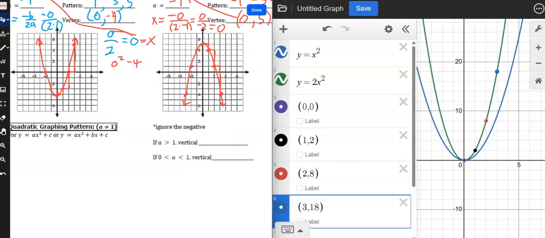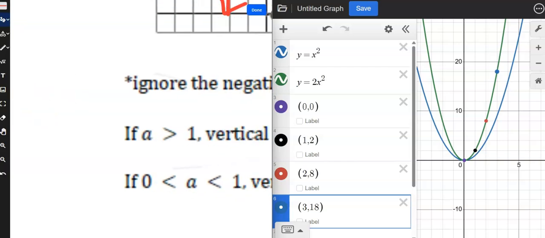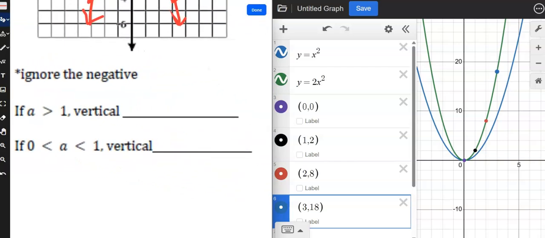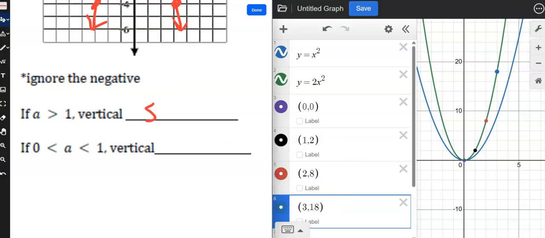So, ignore the negative. What does that mean, ignore the negative? Why? If a is greater than 1, vertical. Oh, I see. Why they're saying ignore the negative. So, the negative causes the graph to flip upside down. But that has nothing to do with what we call the stretch or shrink.